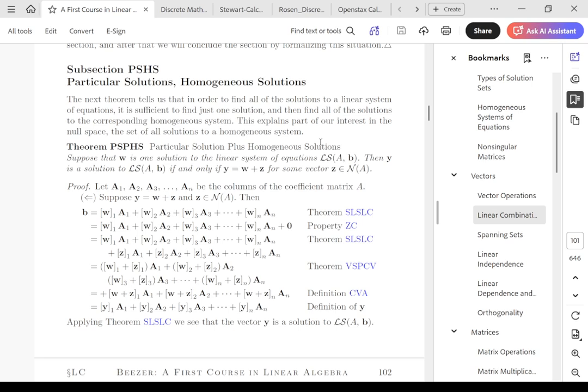Another way to interpret that is, if it's in the null space, it's a solution to the corresponding homogeneous system. So I can write solutions to any linear system in this manner. Depending on what the null space looks like, that would affect how our solution looks.